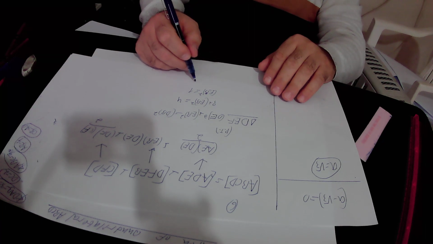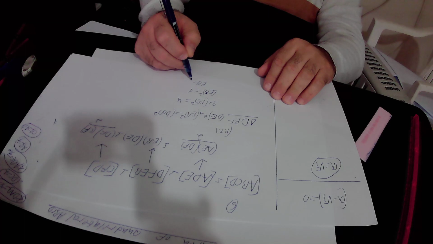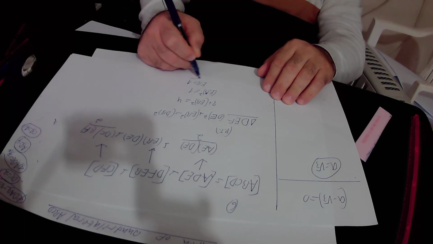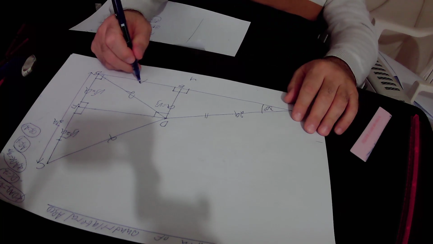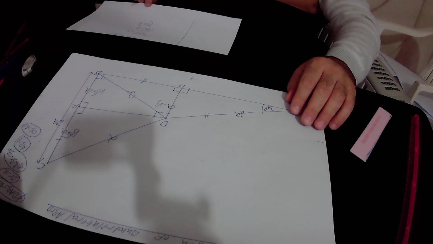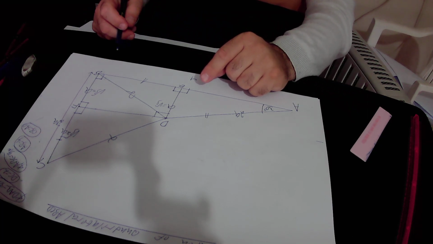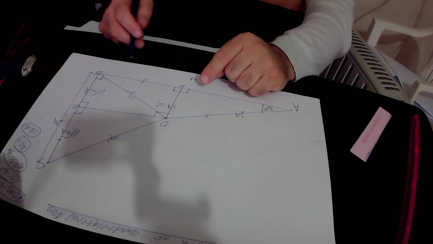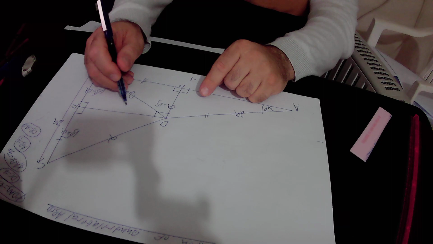We will take a root and we will get that EB equals the square root of 1, which is 1. And because the opposite sides of a rectangle are equal, EB equals DF, so DF will also be equal to 1.